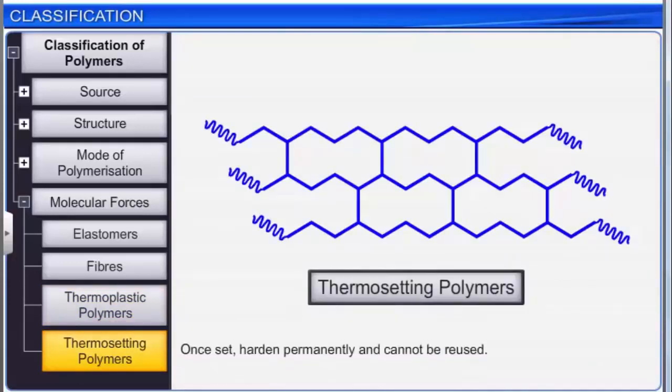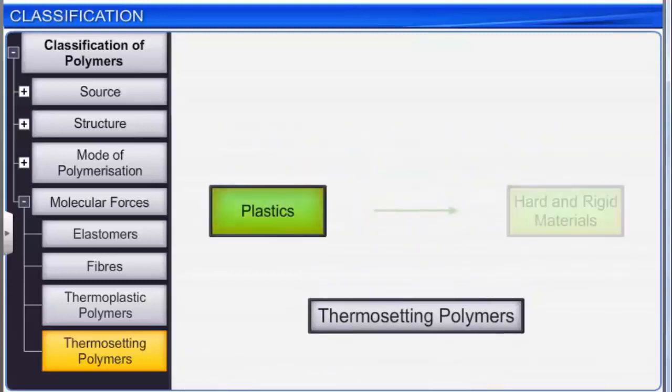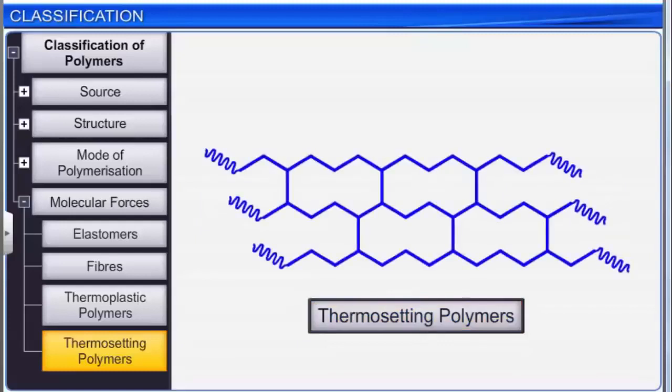Thermosetting polymers, once set, harden permanently and cannot be reused. Plastics that change into hard and rigid materials upon heating are called thermosetting polymers. The chains in thermosetting polymers are cross-linked or heavily branched.